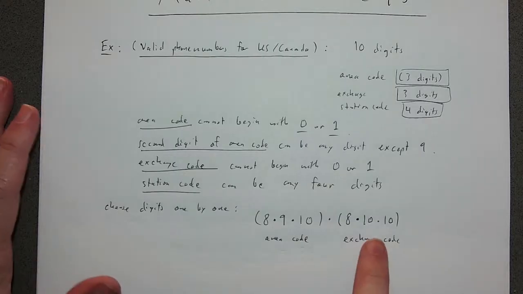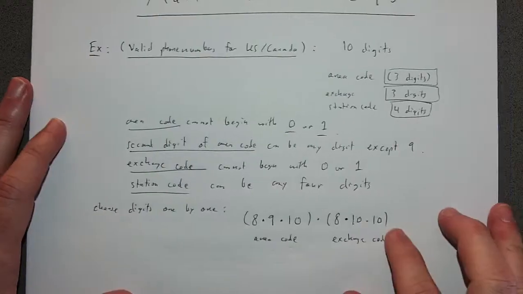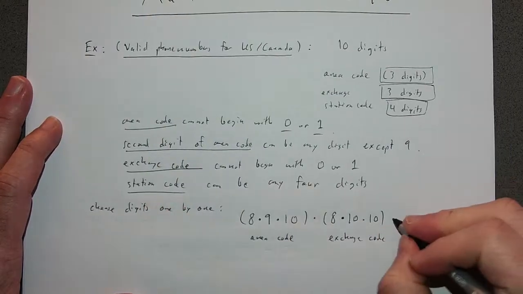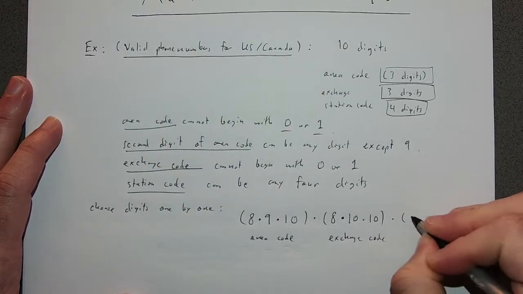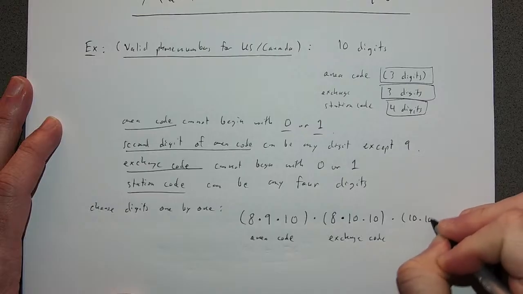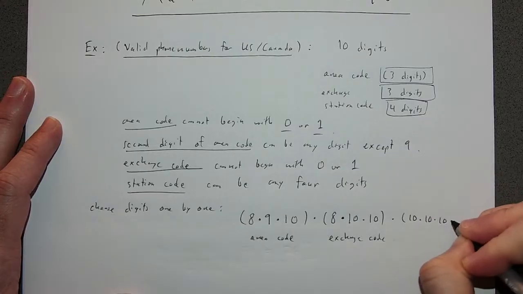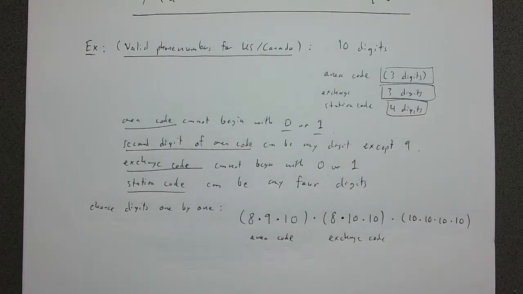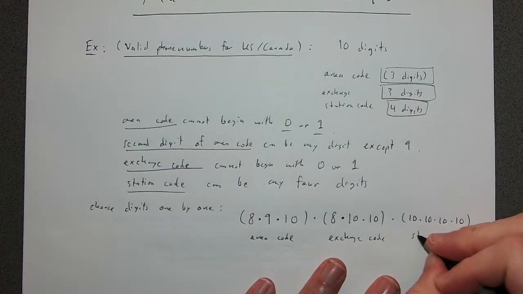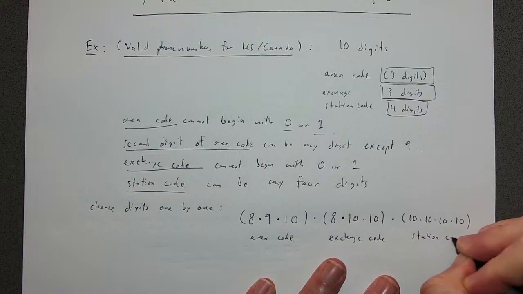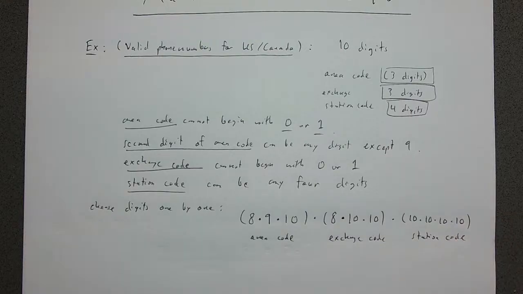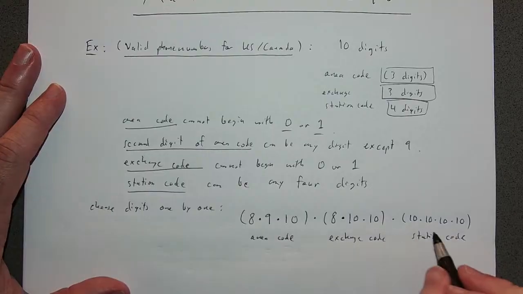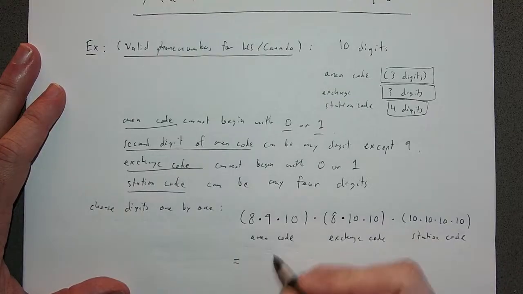Now we have the station code, which has no restrictions whatsoever. So for each digit, we have 10 options. So this is the station code. All taken together, if you multiply this out, what do you get?